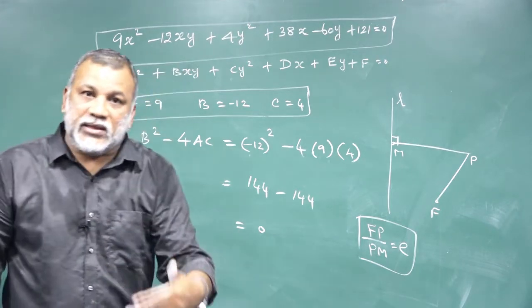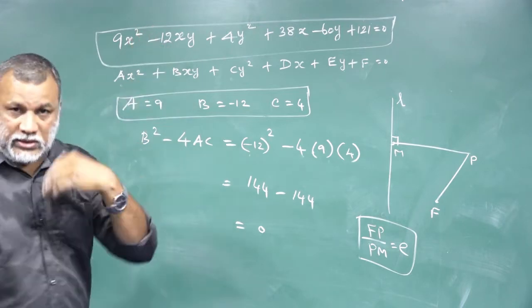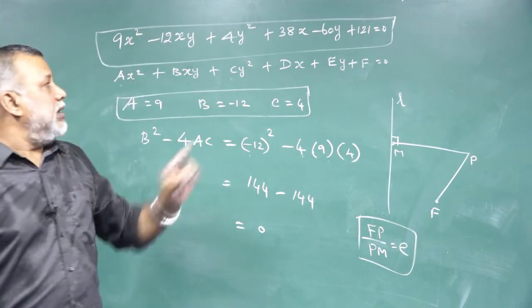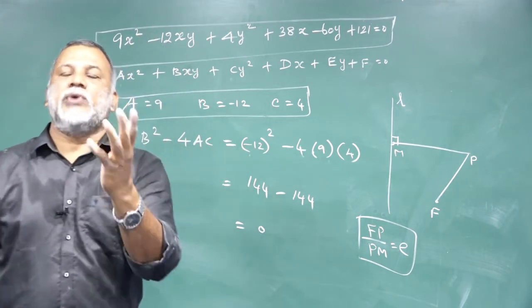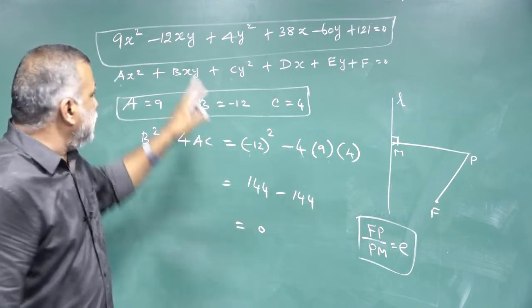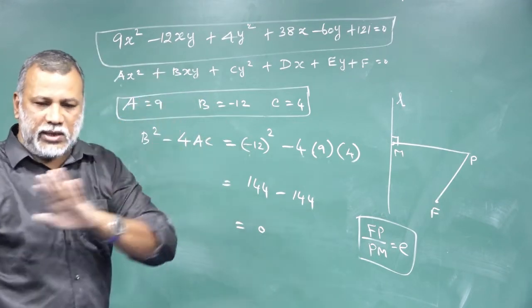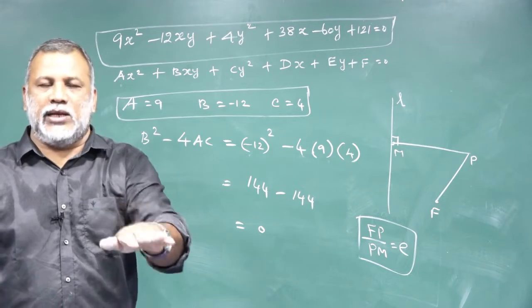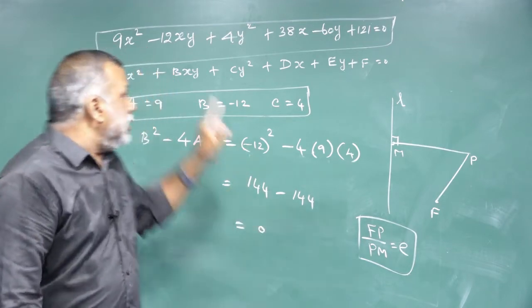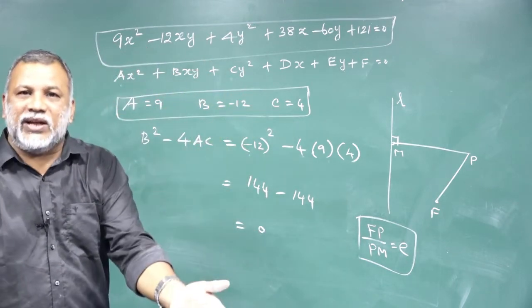Question may be given like this. This type of question they are giving: check what type of conic this represents. They may ask this. So this is the equation of the conic. Questions may be asked in your examinations. The equation of the conic is given.